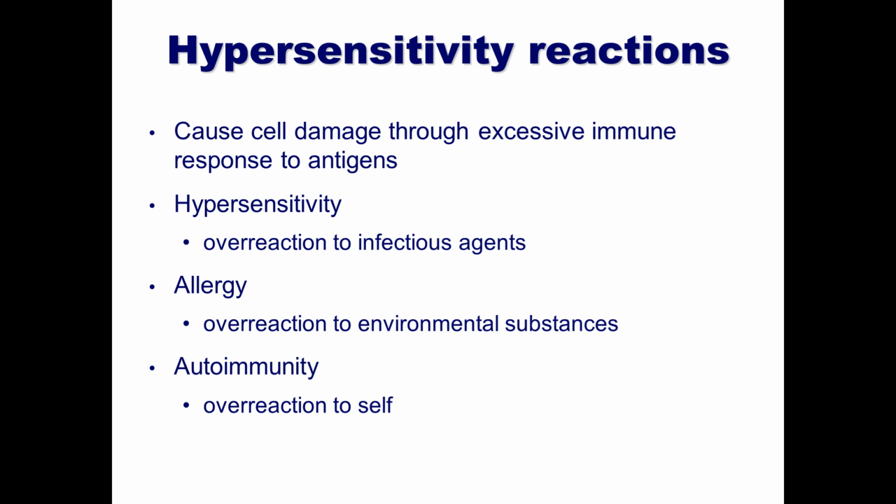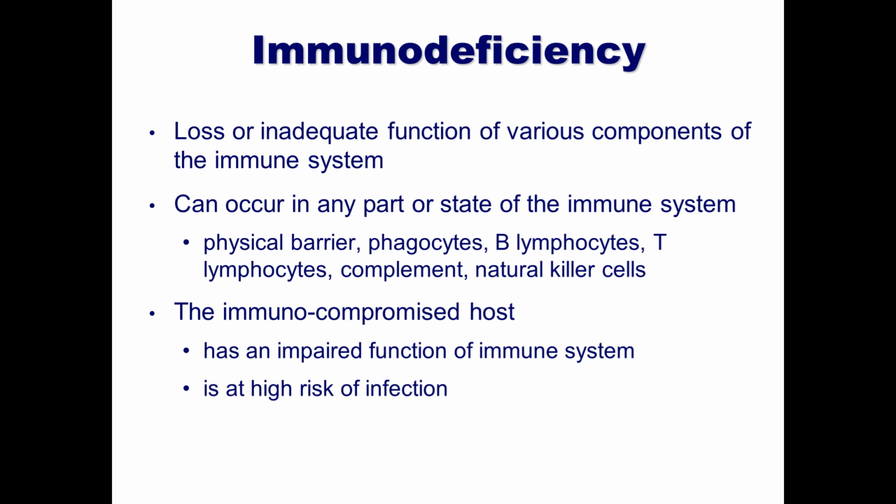When our body overreacts to an infection, that is known as hypersensitivity. It causes cell damage through excessive immune response to antigen: hypersensitivity is overreaction to infectious agents, allergy is overreaction to environmental substances, autoimmunity is overreaction to cells. And immunodeficiency is where our immune response fails, with loss or inadequate function of various components of the immune system, and can occur in any part or state of the immune system, right?